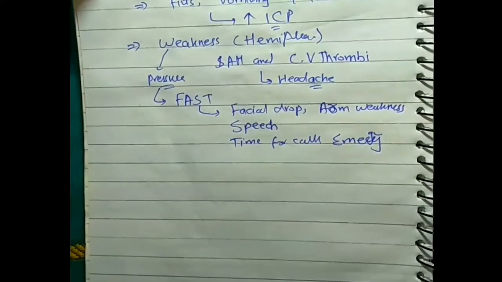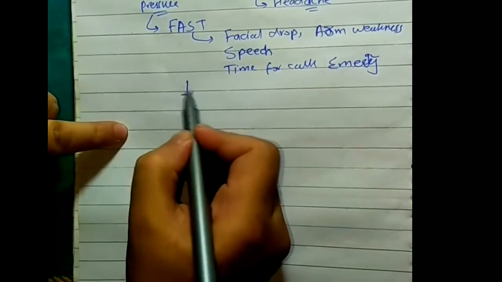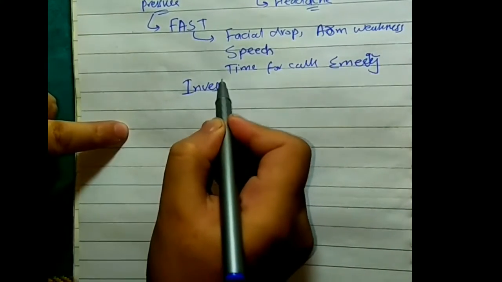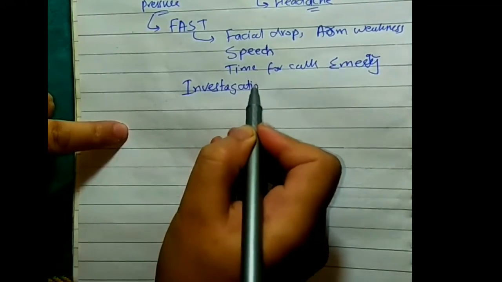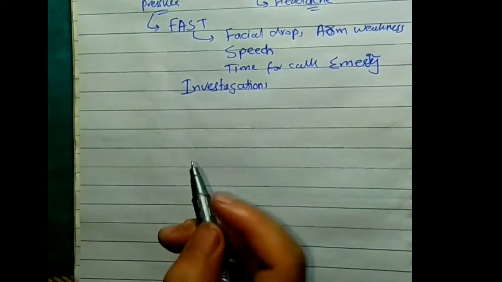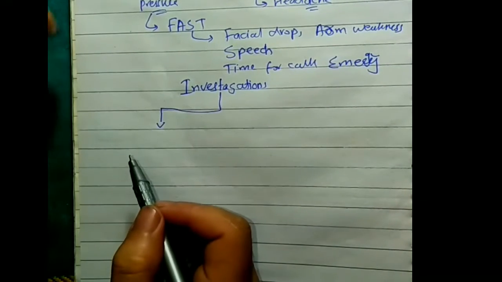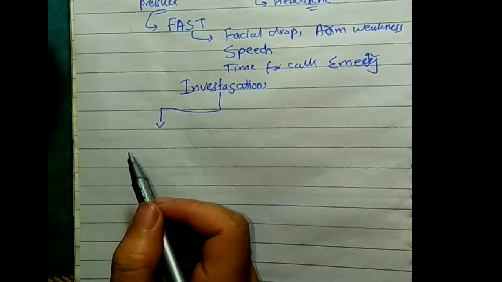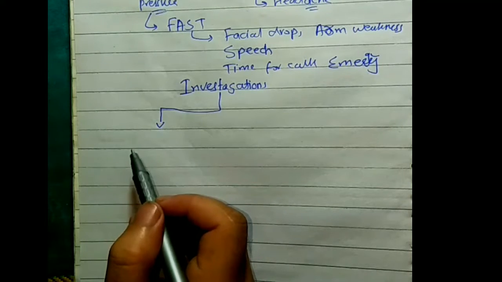Now we will discuss investigations of hemorrhagic stroke. First of all, we should do a CT scan. Why do we do a CT scan? To rule out whether it is hemorrhagic stroke or ischemic stroke.